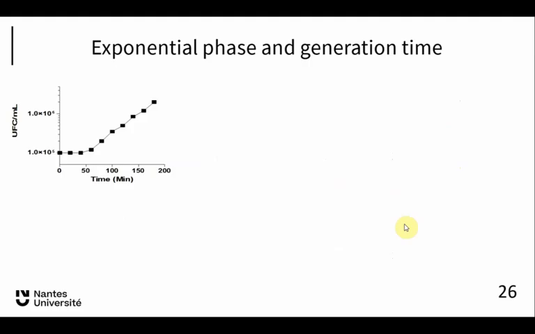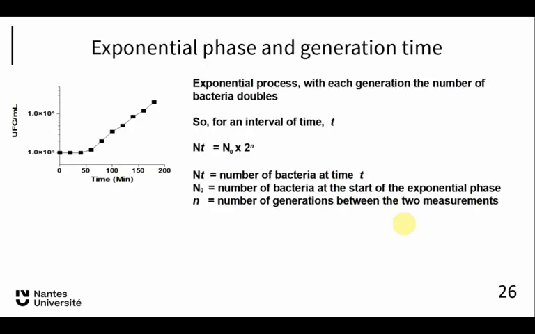Now that is helpful because we can use it to calculate some numbers which will describe how fast bacteria are growing. One of the things we want to calculate is what's called the generation time.